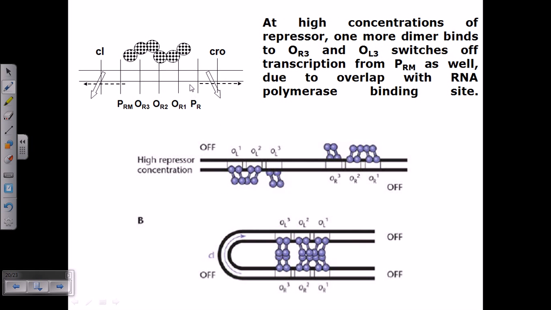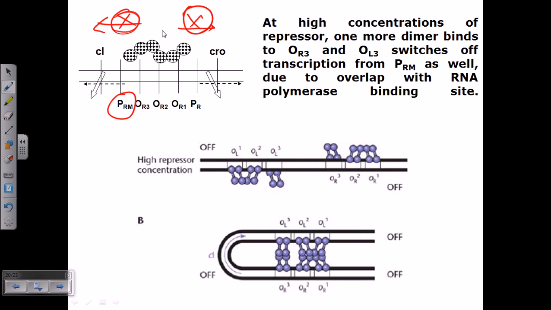Now what we know here is that at a high concentration of repressor, when we have more and more Cro there, dimers start to bind at OR3. As they start to bind this OR3, they switch off the transcription from this PRM. Due to the overlapping sequence with the RNA polymerase binding site, this will not allow the polymerase to further bind with this PRM. So the transcription previously blocked in this direction is now also blocked on the left hand side.